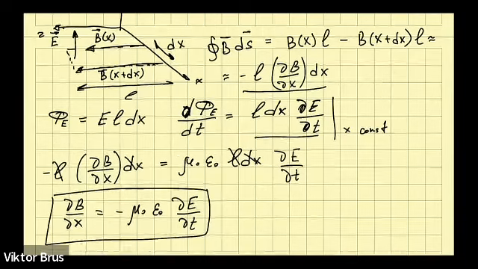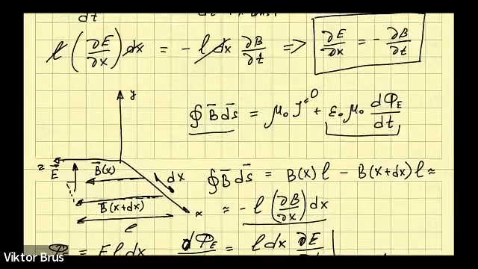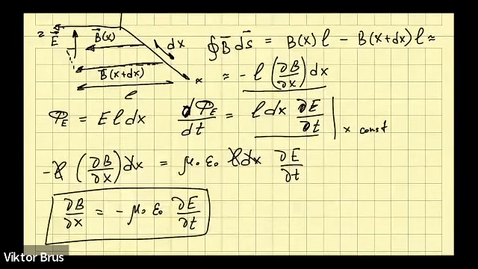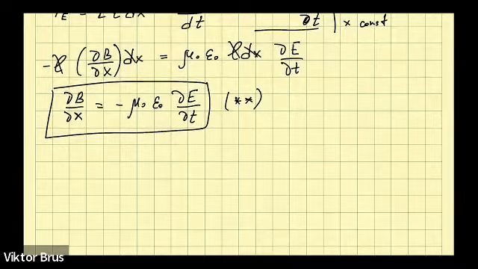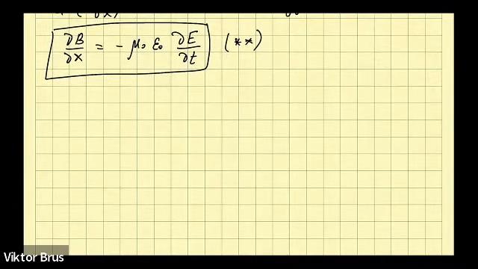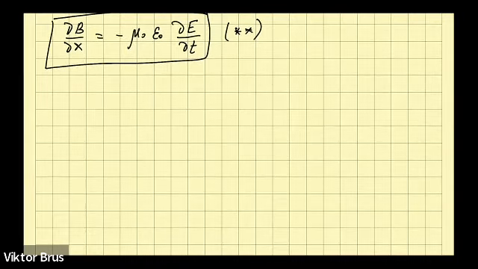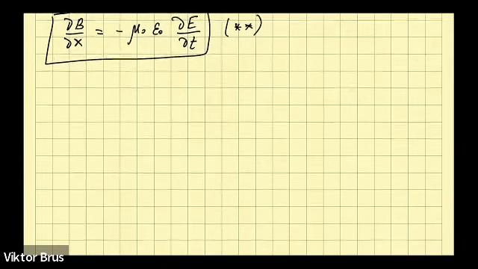So now let us come back to our previous equation. Call it 1 star. This will be our equation with double star. Now let us write down both of them in order to have them in front of us, because we will need to take some derivatives of these equations.